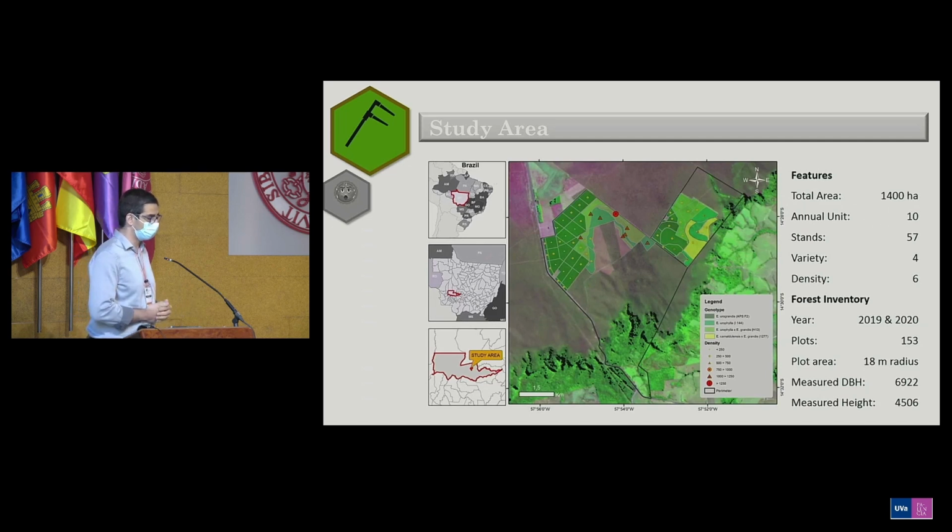57 annual units. We did the forest inventory in 2019 and 2020, with 153 plots, 18 meters radius each, measuring around 7,000 trees each year.